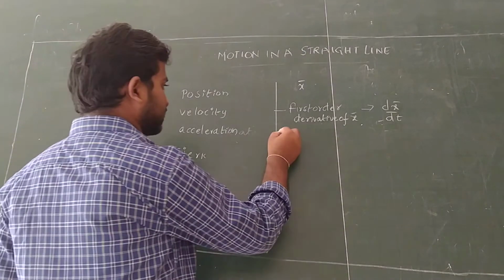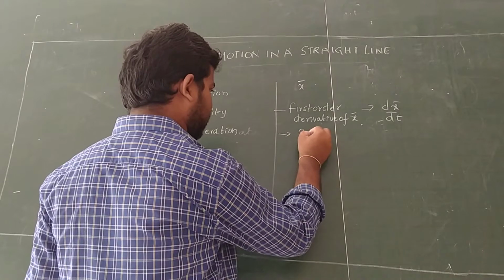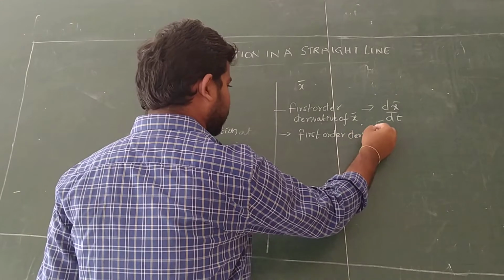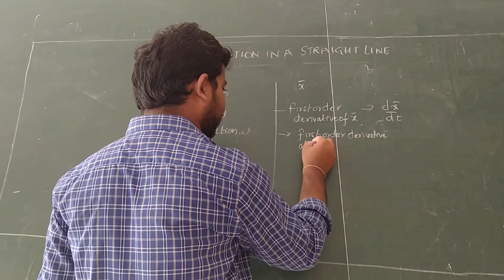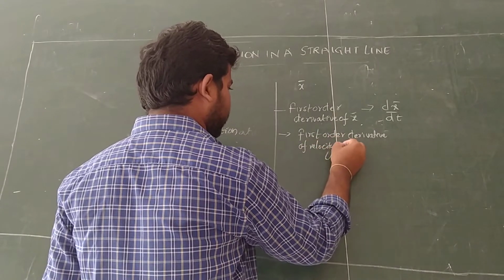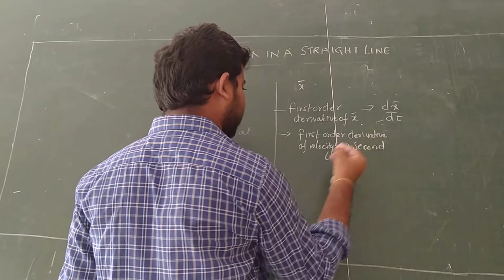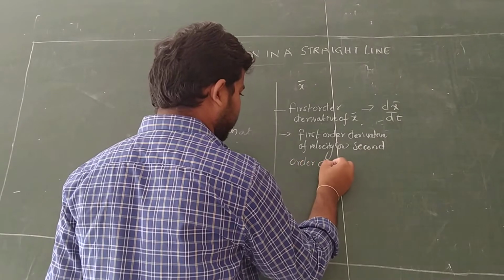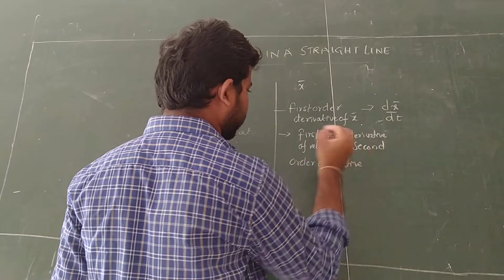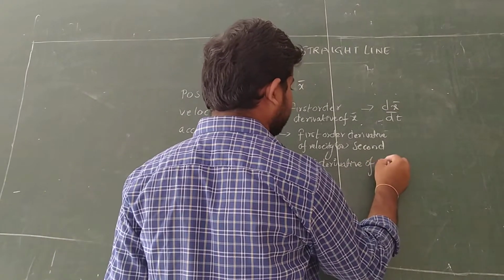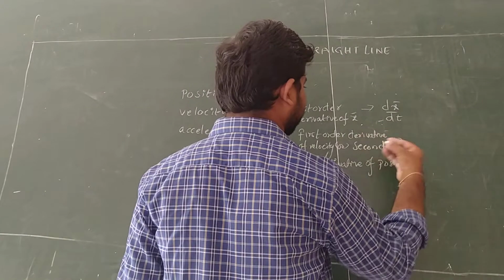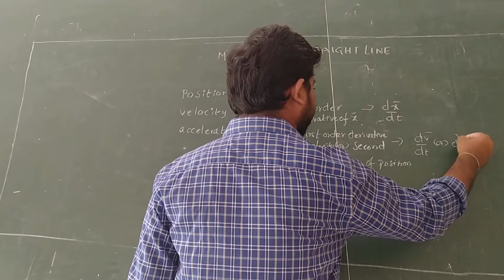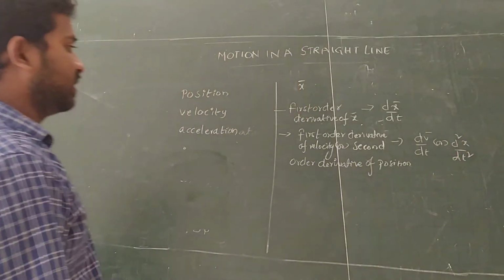The second one is the first order derivative of velocity, or the second order derivative of position or displacement, which is d square x by dt square.